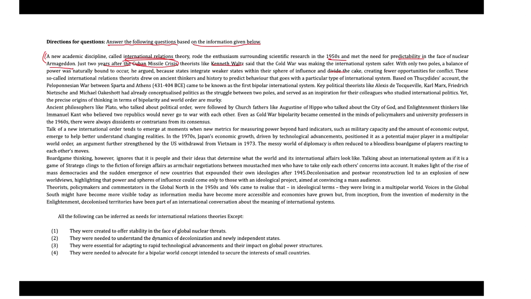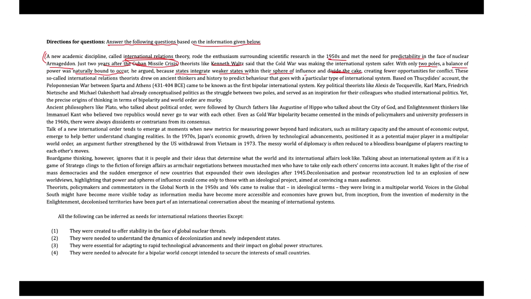With only two poles, a balance of power was naturally bound to occur. He argued that because states integrate weaker states within their sphere of influence and divide the cake, there are fewer opportunities for conflict.